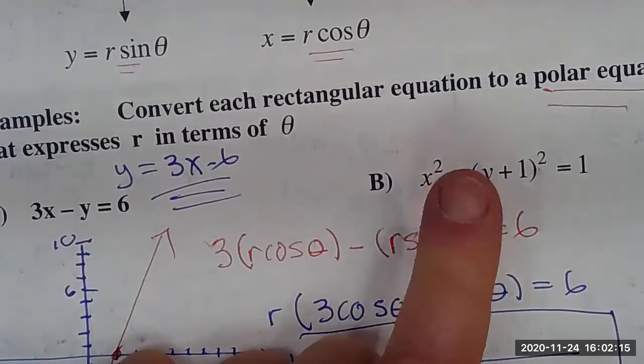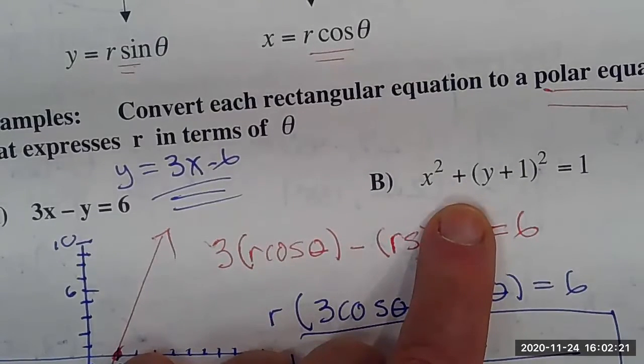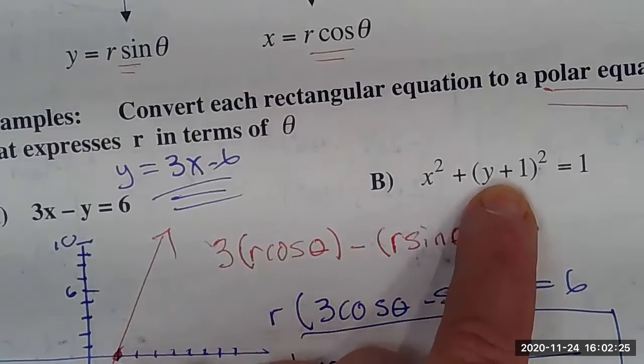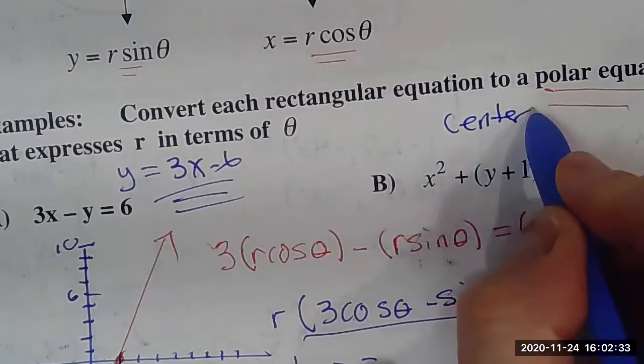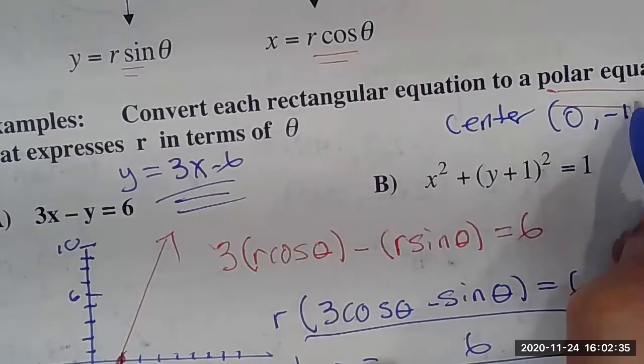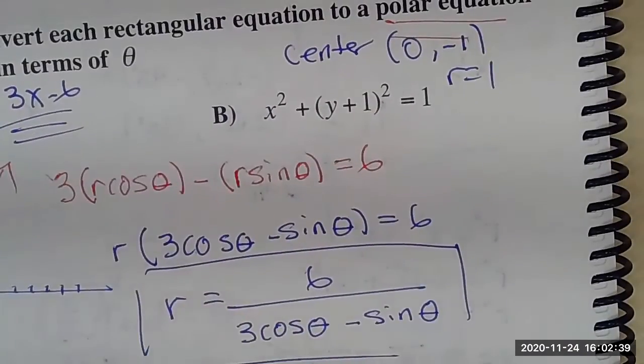Okay, I claim this is a circle centered at 0, -1. That's what I'm telling you right now. The center of the circle is 0, and switch the sign, -1, with R equal to 1, radius 1.